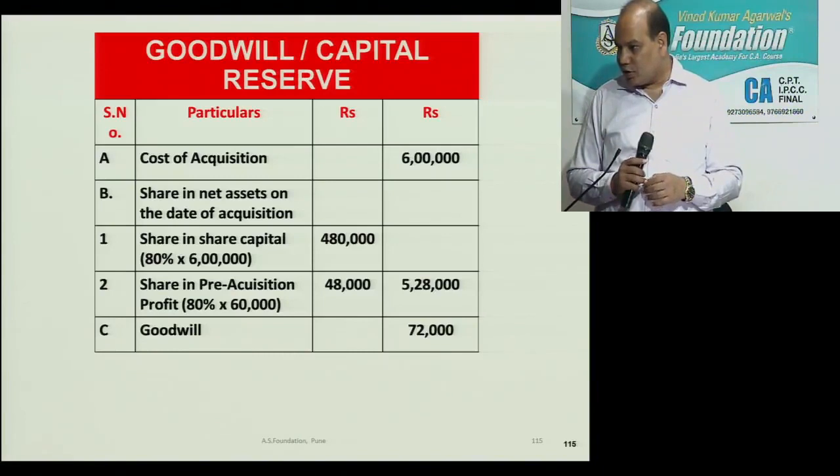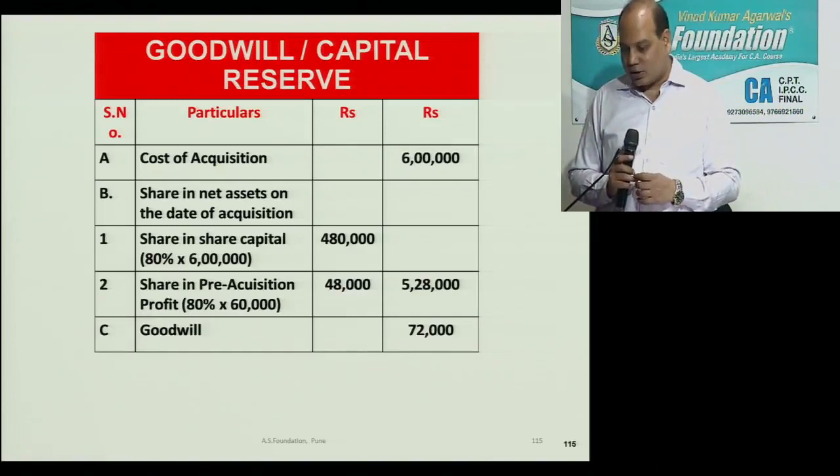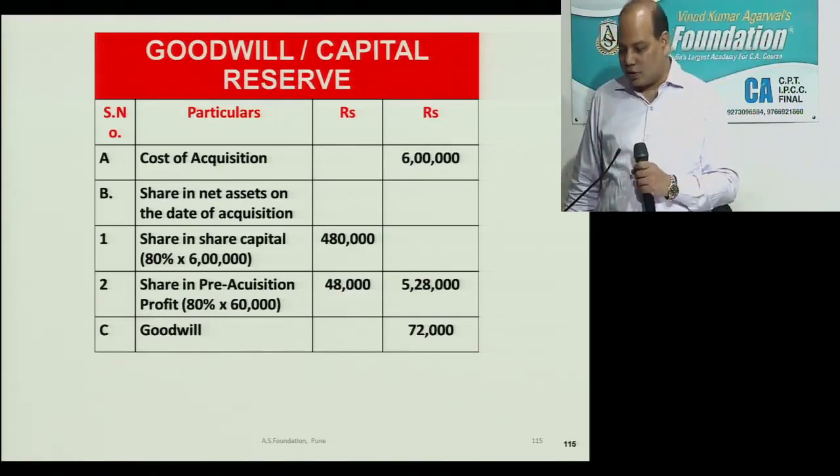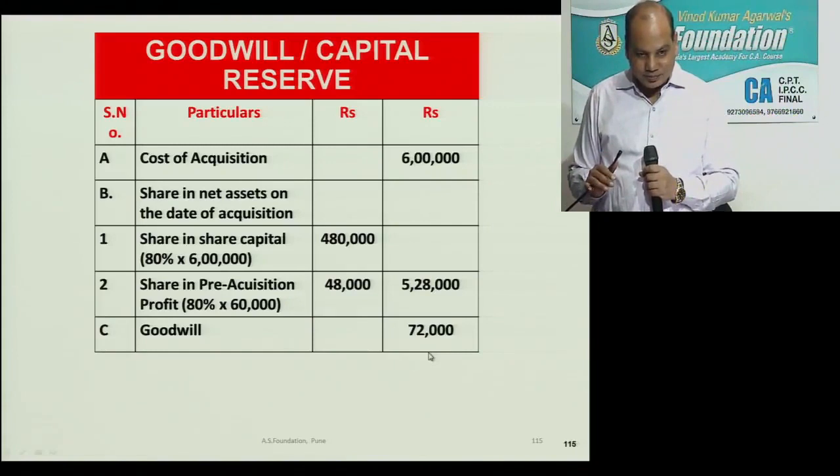So what is the share in pre-acquisition profit? 60,000 into 80%, 48,000. Already calculated also. So my total of the share in net asset is, in the outer column, 5,28,000. Just check, is it 5,28,000? If it is wrong, you are wrong. Goodwill 72,000. That was so easy.